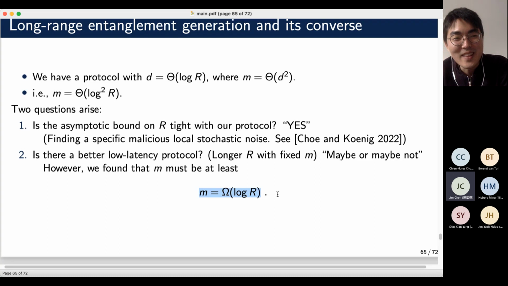And this cluster-based protocol, as in our case, is very promising, but with any correction operator, we cannot really achieve this bound. We also proved that as a side result. I see. Thank you.